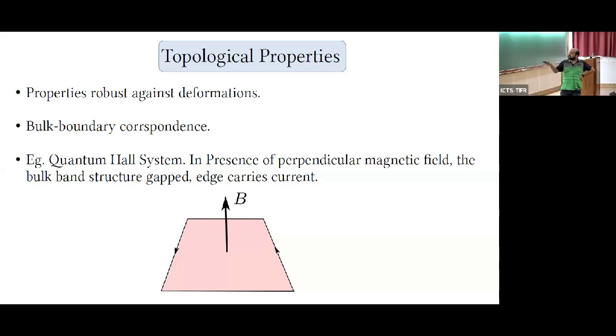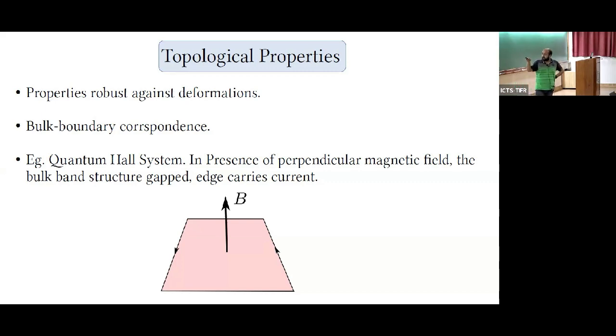For the simplest example, one can think of a quantum Hall system, where one has a 2D metal with a magnetic field piercing through it in the perpendicular direction. The bulk band structure gets gapped. It is an insulator in the bulk, but at the edge a current flows persistently.